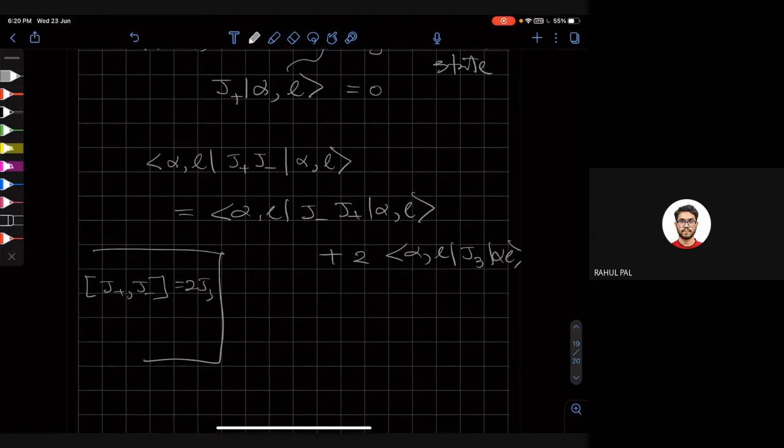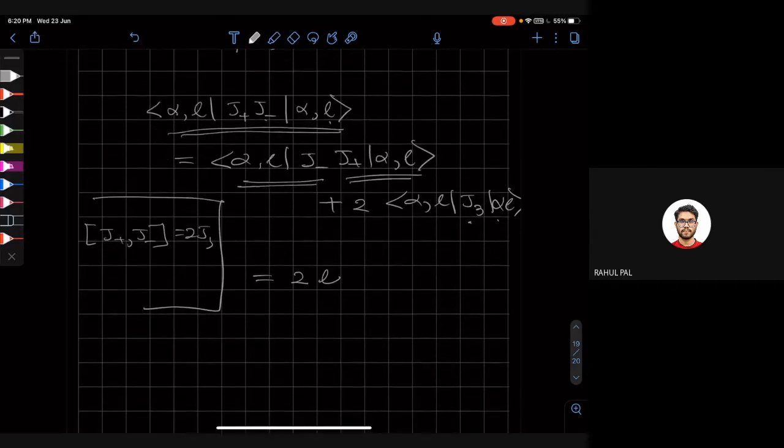But of course, J plus acting on this gives me 0, and J minus acting on this will also give me 0. So the first term is 0. J3 acting on this is just going to give me L, and the rest will be 1. So I get 2L on the right-hand side. And over here, this action will lower L to L minus 1, and this J plus will also lower L to L minus 1.